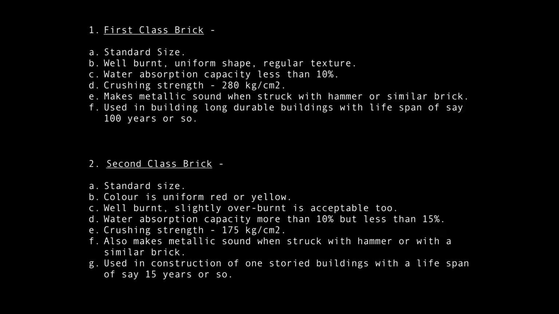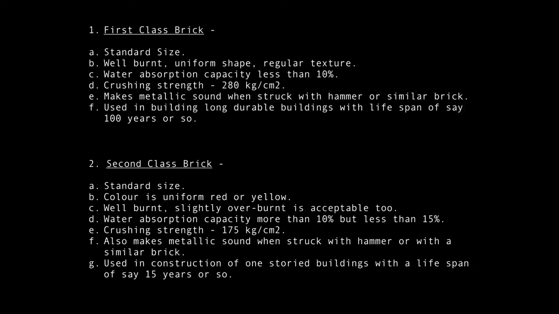Their water absorption capacity generally falls between 10 to 15%. They have less crushing strength compared to first class brick, which is around 175 kilogram per square centimeter. They also make that metallic sound when struck with a hammer or a similar brick. These bricks are used for one-storied buildings, as they don't have much life, unlike first-class bricks.